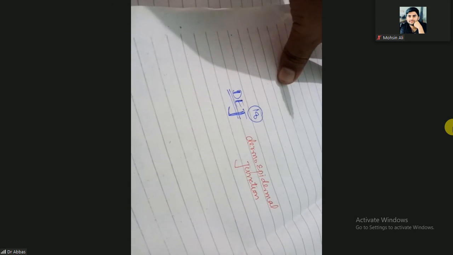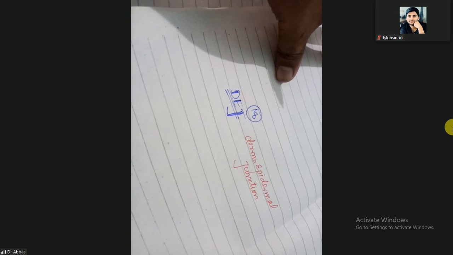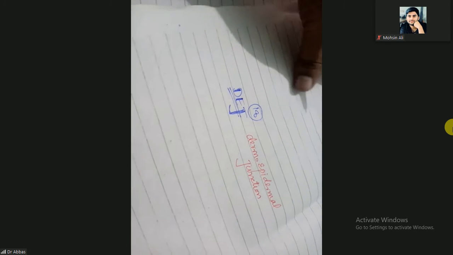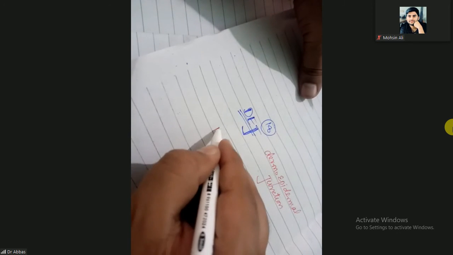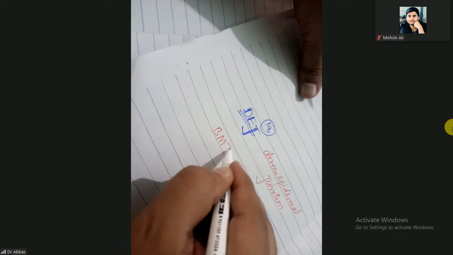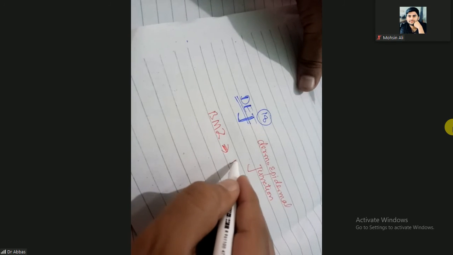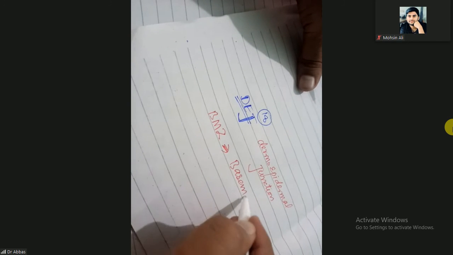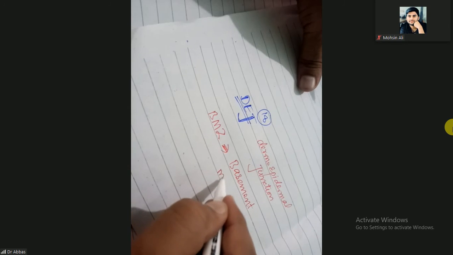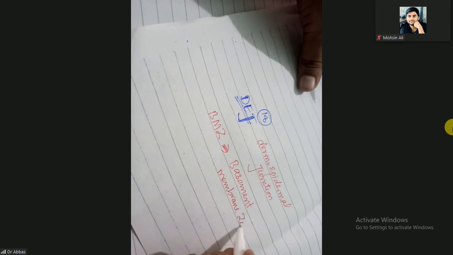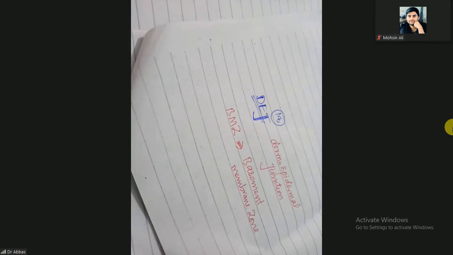Another name for the dermoepidermal junction is the basement membrane zone, BMZ. So what is the DEJ and the basement membrane zone?